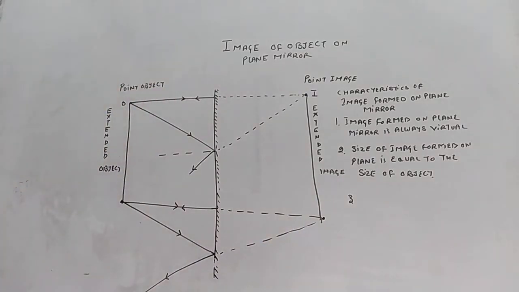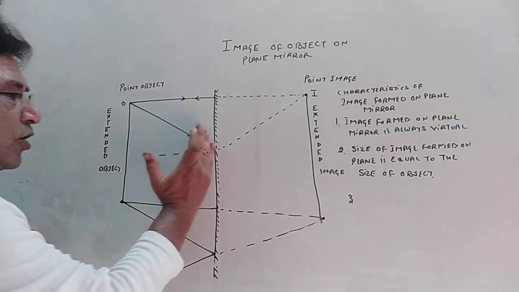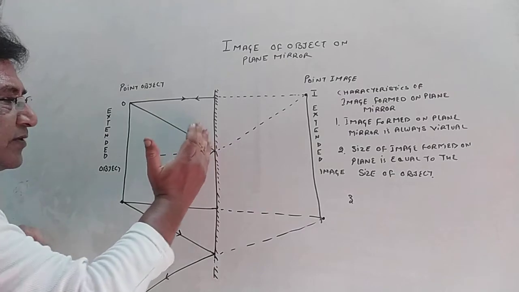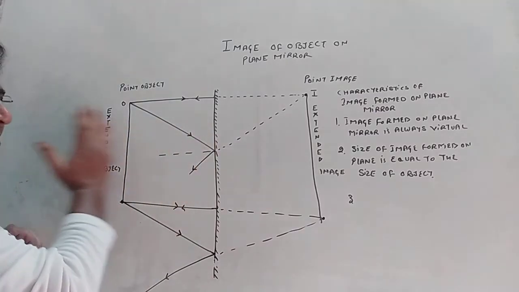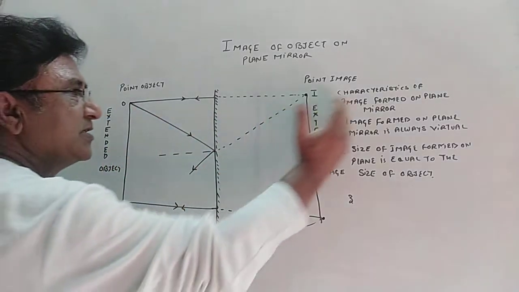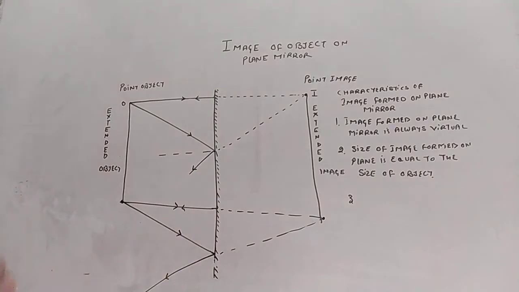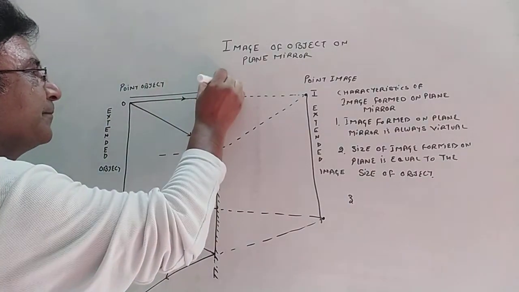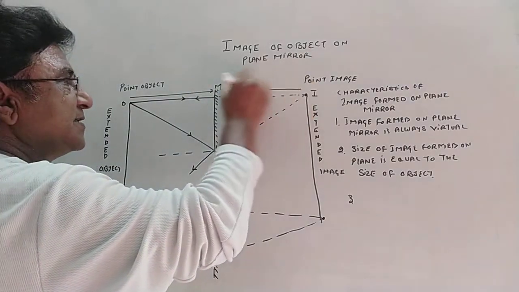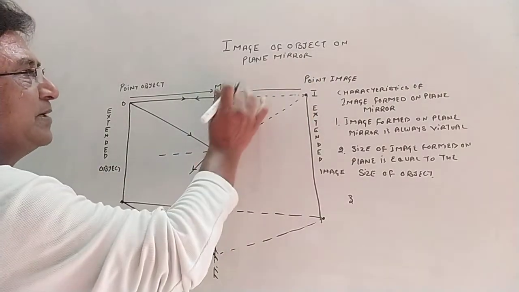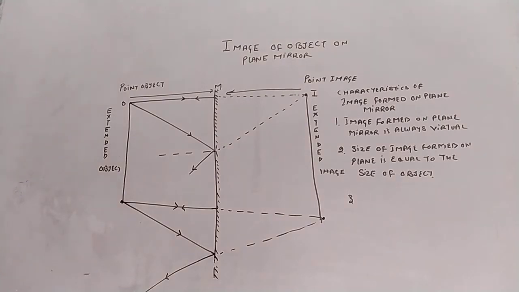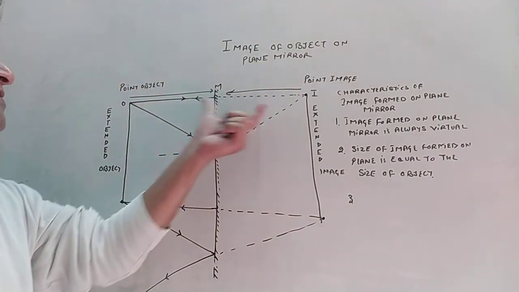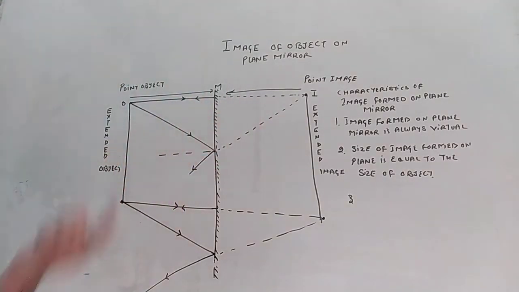Third one, see, if you stand in front of the plane mirror and go away from the mirror, you will see the image is also going away from the mirror. So the distance between the object and the mirror is always equal to the distance between the image and the mirror. So the image formed is always at the same distance as the object is from the mirror.